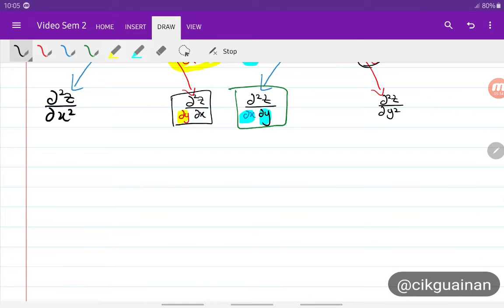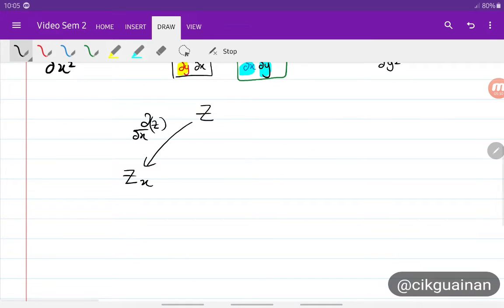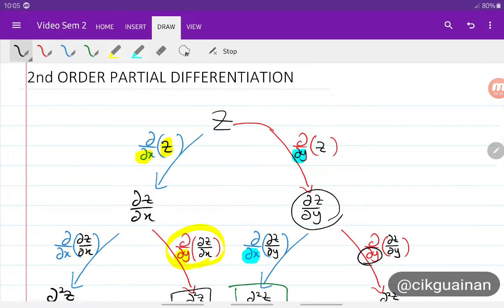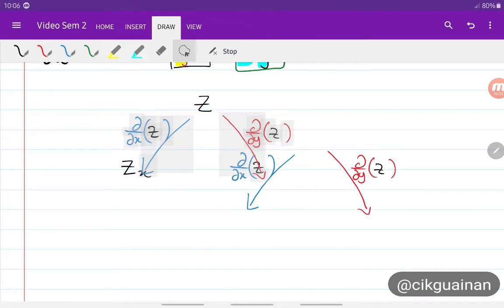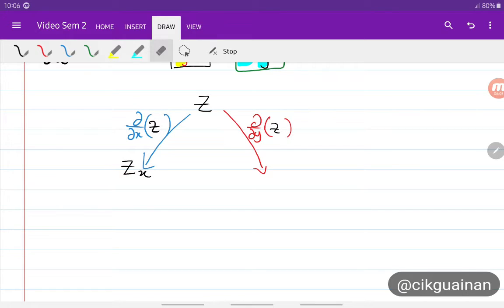The second one: if we consider z and want to write it as z sub x, this means we differentiate z with respect to x. I just copy and paste the branch. So this one is z sub x.